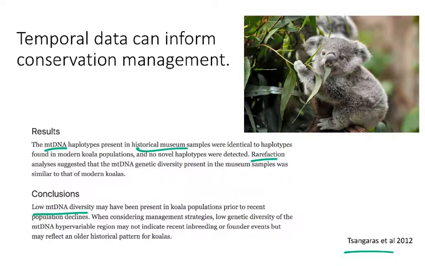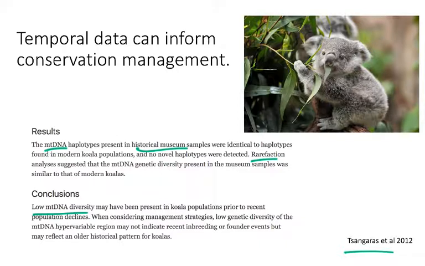And this is informative because we still should be worried about koalas, but this is maybe one less thing to worry about. So if throughout time we saw that their mitochondrial haplotype diversity decreased, that would mean they're probably less likely to adapt to changes right now.